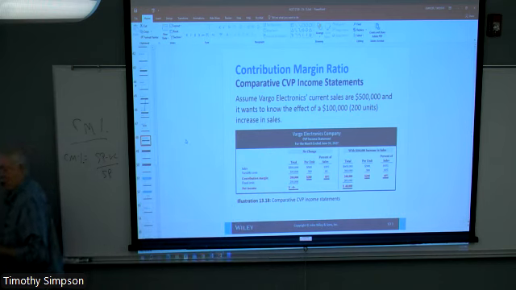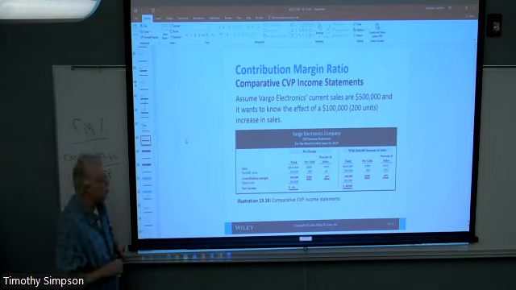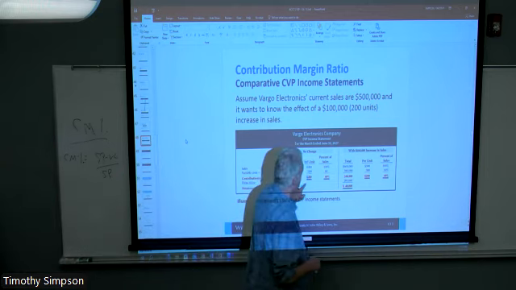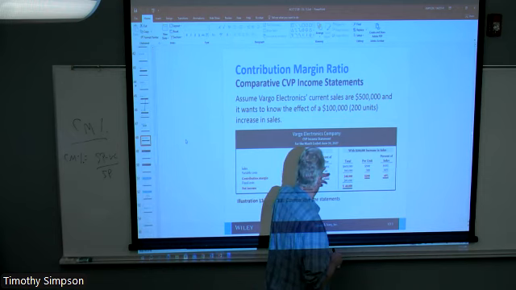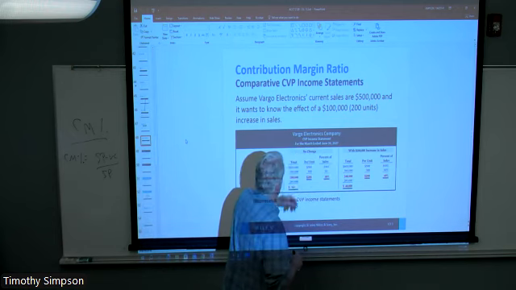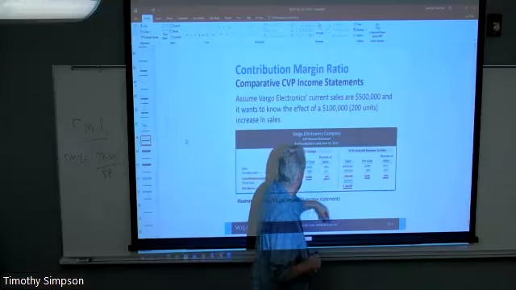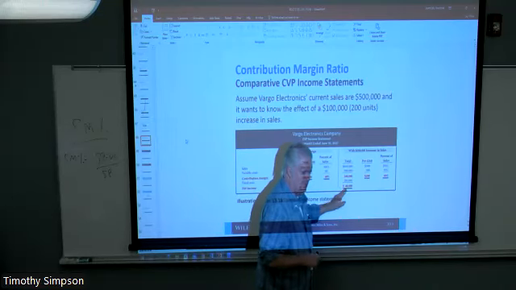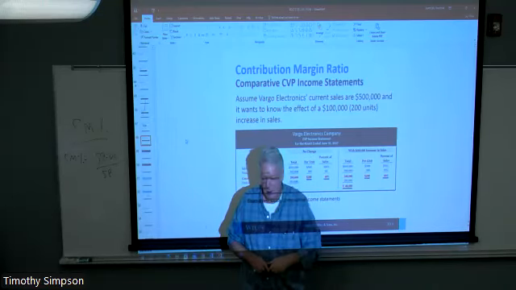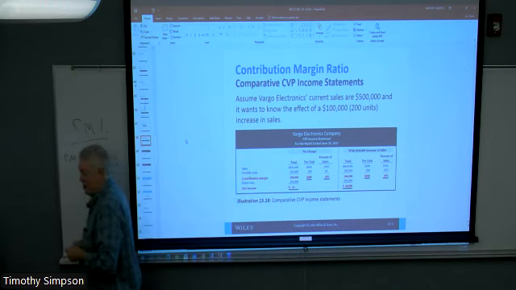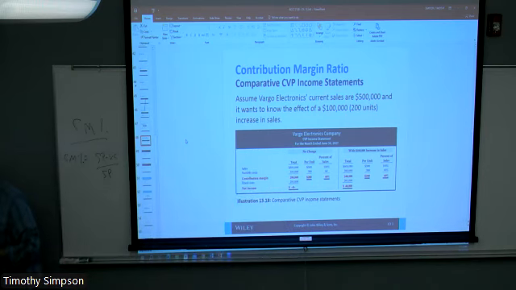Okay, so this is an example of this. By the way, think about this: if contribution margin per unit is 200, and we're expanding sales by 100,000, well, how many units is that? That's 200 units. So 200 times 200 is 40,000. All we're simply saying is, if we do this, this is what we get. And that's the what if kind of scenario that comes up all the time, everywhere in business.